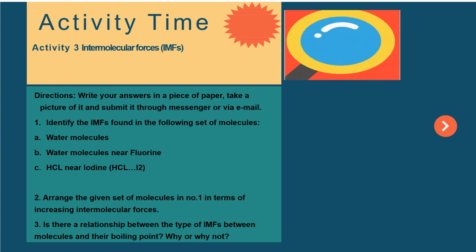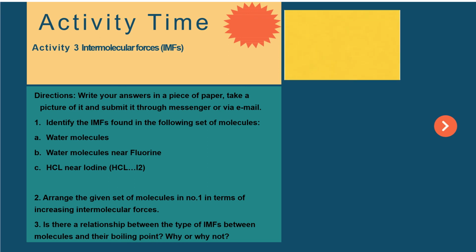C. Hydrochloric acid molecule near iodine. Number 2, arrange the given sets of molecules in number 1 in terms of increasing intermolecular forces. And lastly, for number 3, is there a relationship between the type of IMFs between molecules and their boiling point? Why or why not?